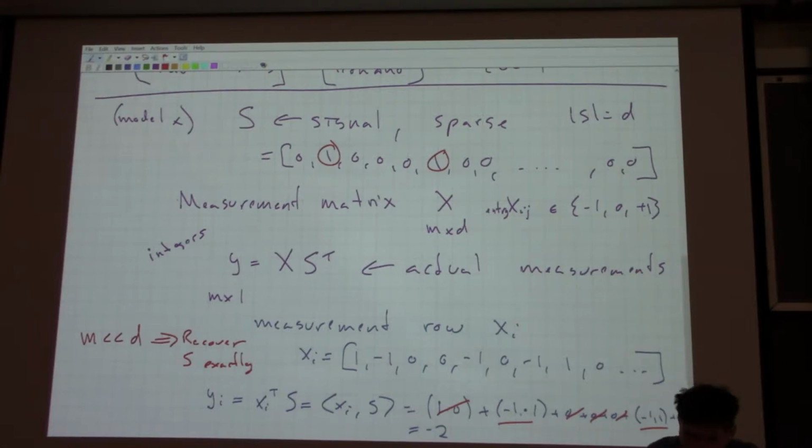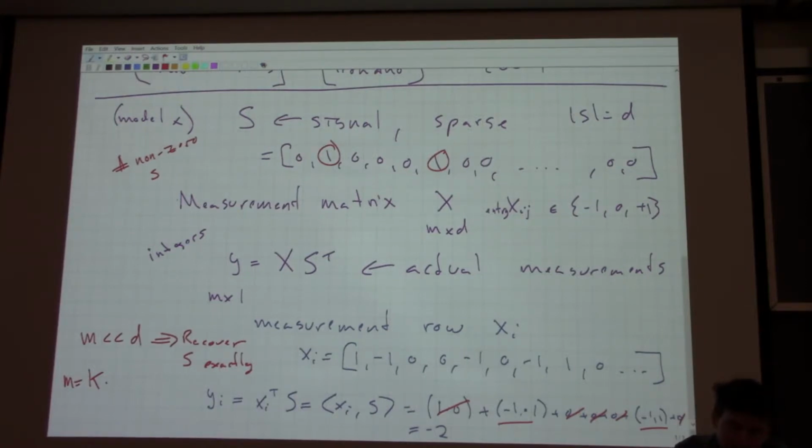So in general, M is going to be equal to some constant K times... I screwed up my notation here. So let's say the number of non-zeros is going to be S. So S will be the number of non-zeros.